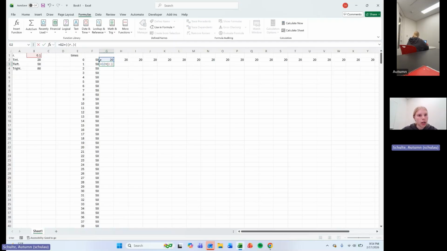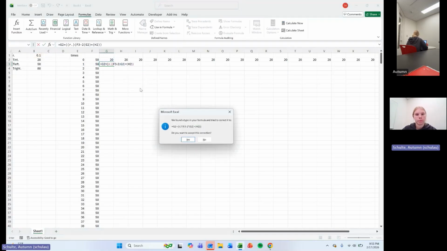And this was multiplied by the temperature to the left minus 2 times the initial temperature, plus the temperature to the right, which is just going to be H2.